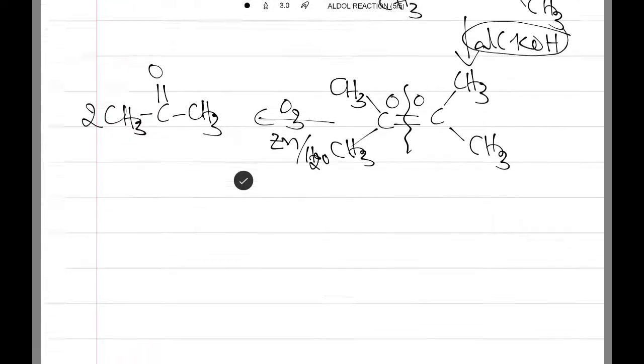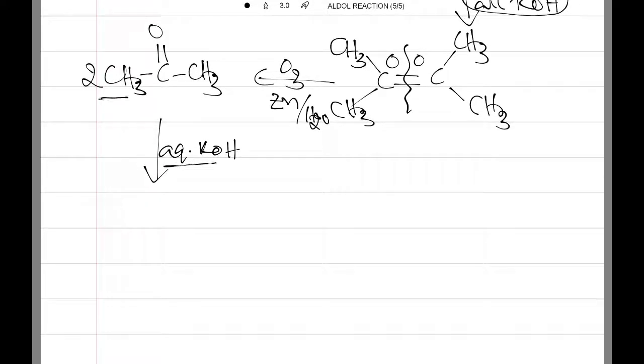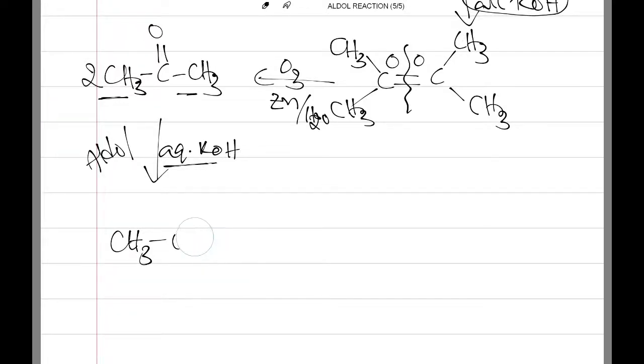So this reacts with aqueous KOH. Carbonyl compounds having alpha hydrogens undergo the aldol reaction, and we get this product: CH3, C double bond, CH3 here, and here C double bond O CH3.